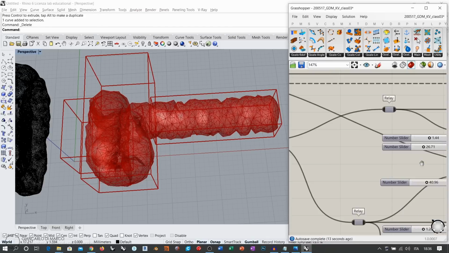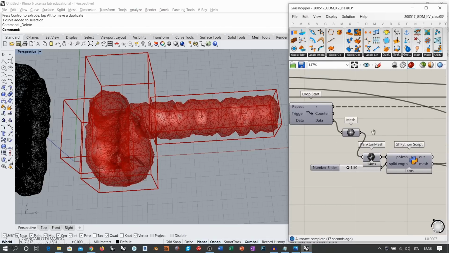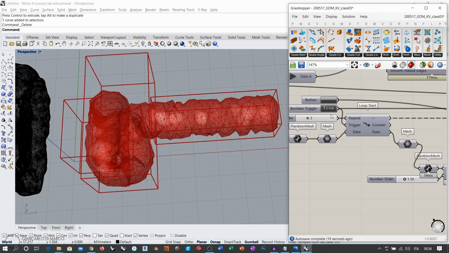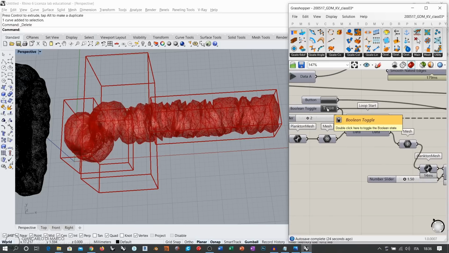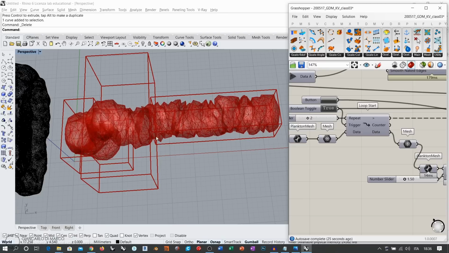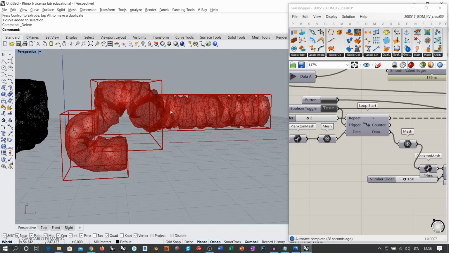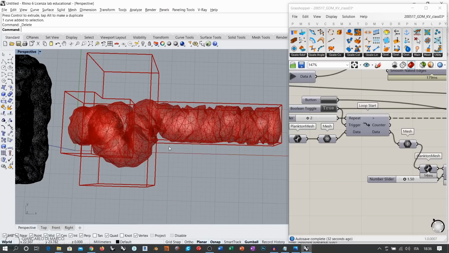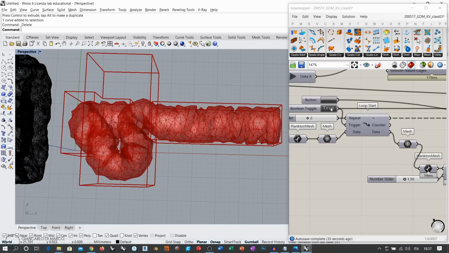But I do recommend that you find the balance between your parameter and the iteration of the loop. So let's see with a higher rest length if this thing expands a little more, so we should have more polygons. If we don't have more polygons, then in this case we might want to decrease the split length.